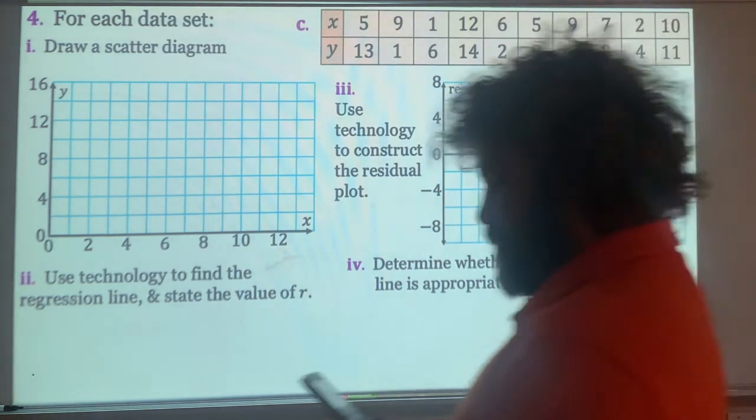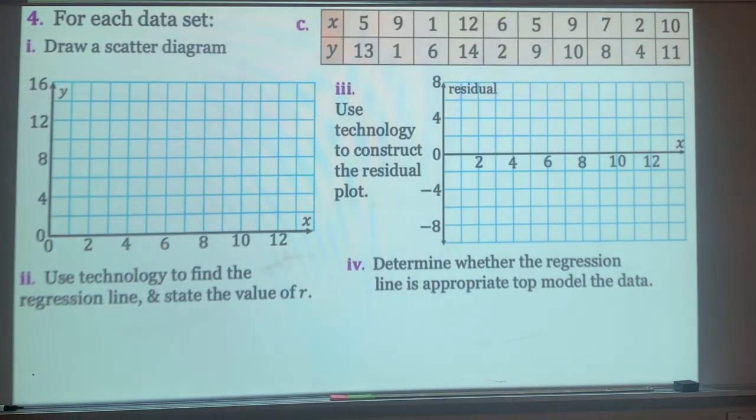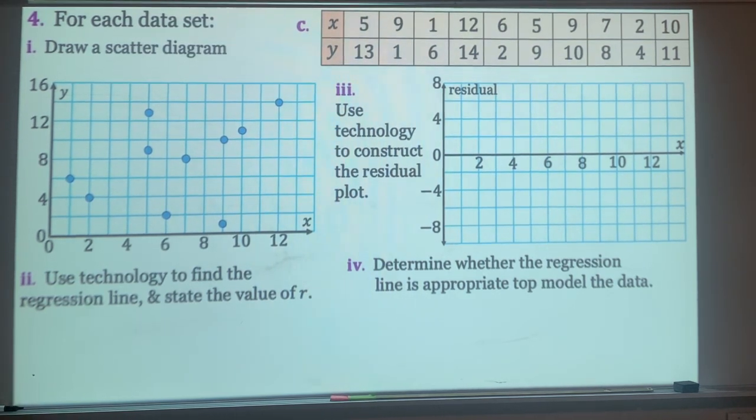All right. Scatter plot. Ready? Scatter plot. Boom. And you can use your graphs. We're going to be using our graphs to find our scatter diagrams. That looks pretty junky. That doesn't look like a great scatter plot, does it?